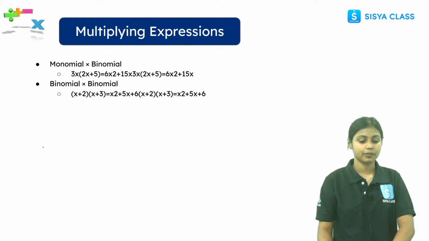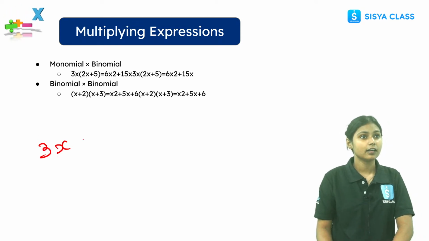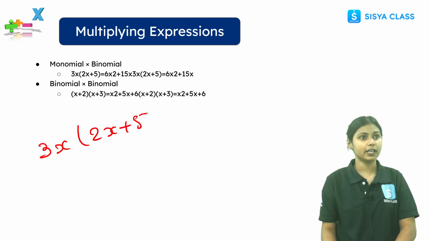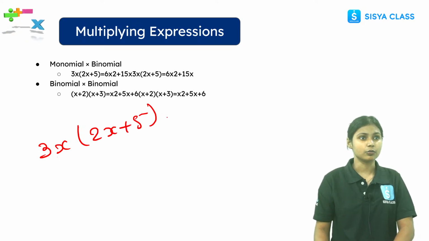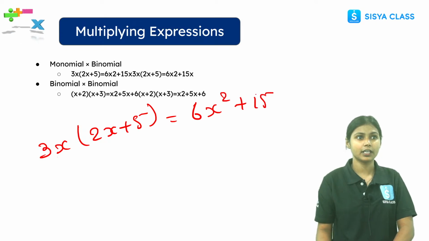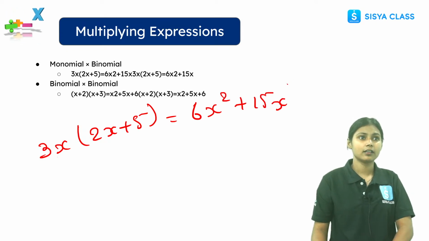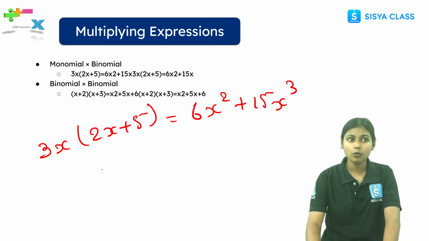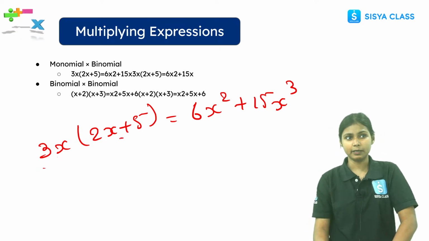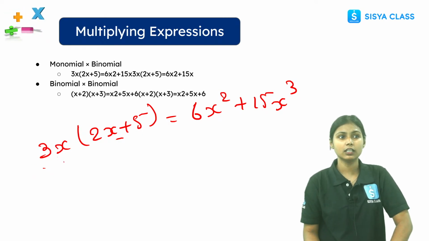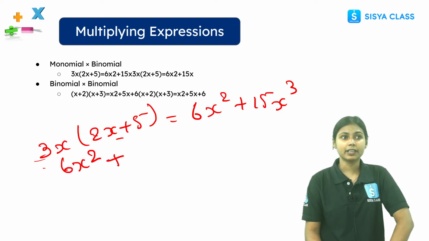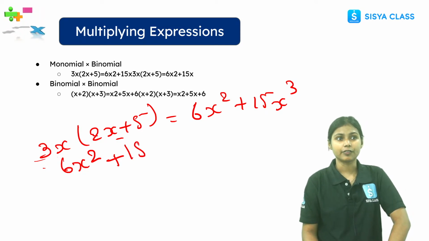Just a minute, yeah. So 3x multiplied by 2x plus 5. So we are going to multiply. First, 3x multiplied by 2x will become 3 twos are 6x square, plus 3 fives are 15.